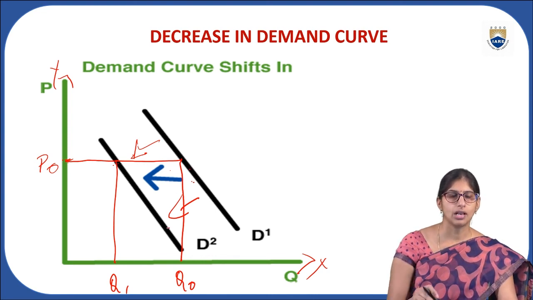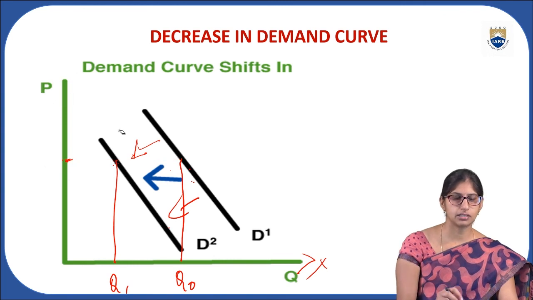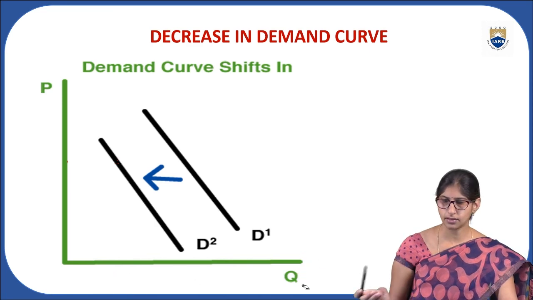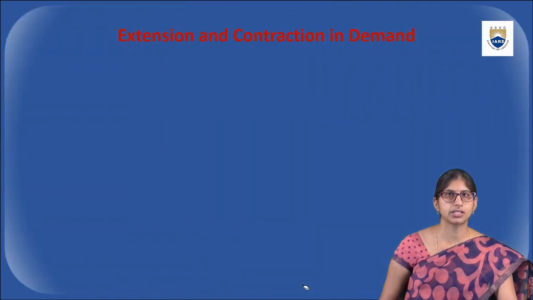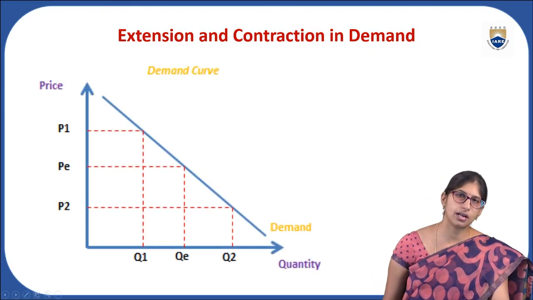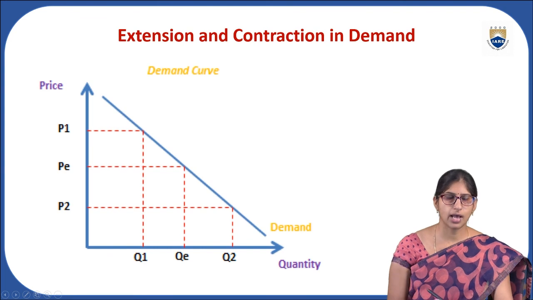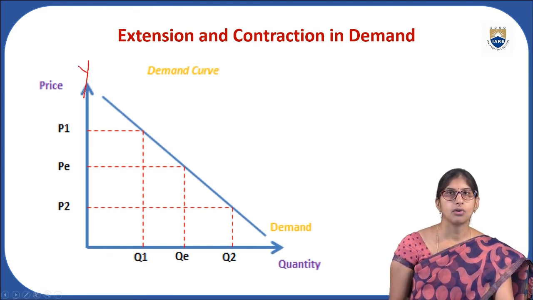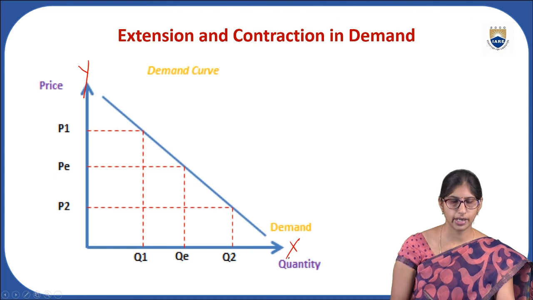Now let's try to understand what is contraction and extension of the demand curve. It just looks like a normal law of demand curve. As usual, we are taking price on the y-axis and quantity on the x-axis.